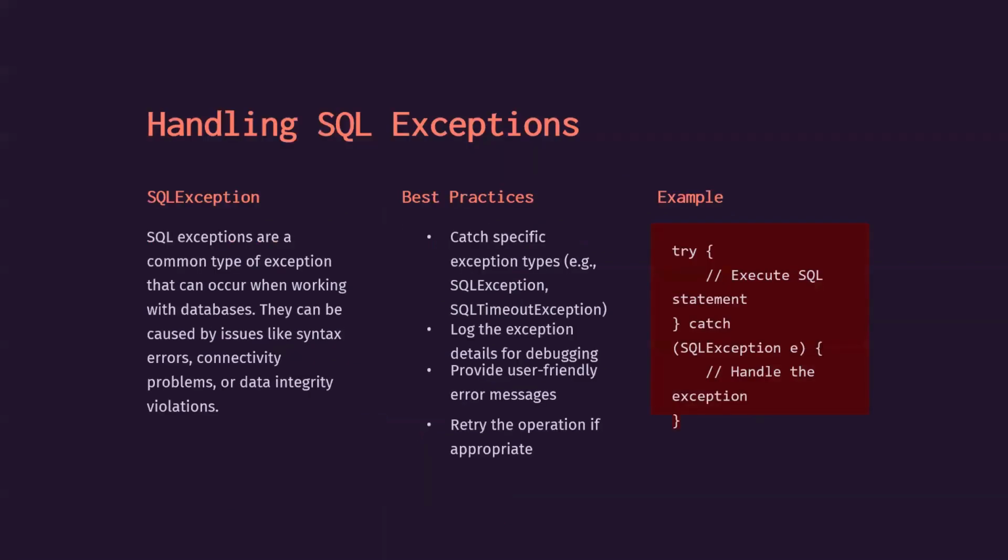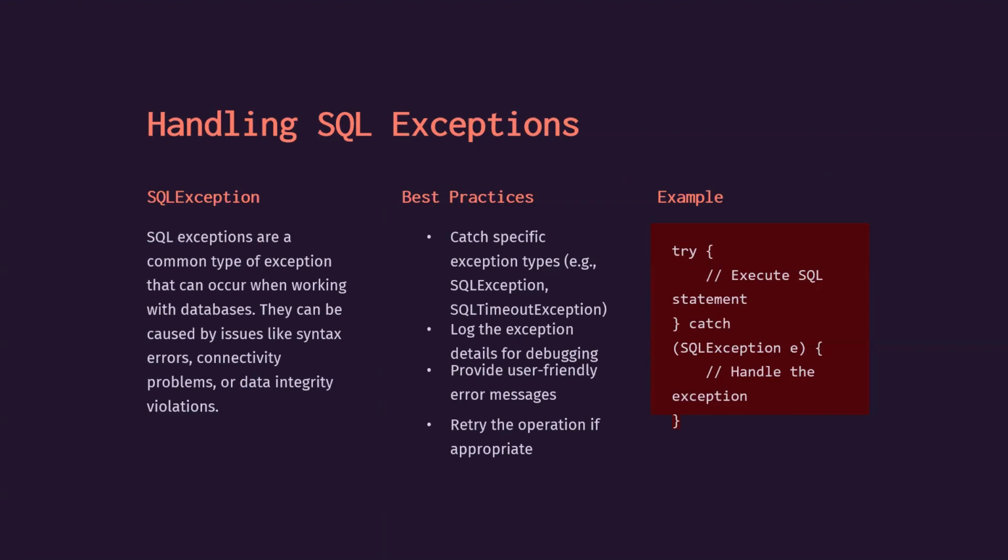Now let us handle SQL exceptions by catching the SQLException. When working with databases, exceptions of type SQLException can occur for various reasons. In our catch block, we specifically handle this SQLException to catch these database-related errors.